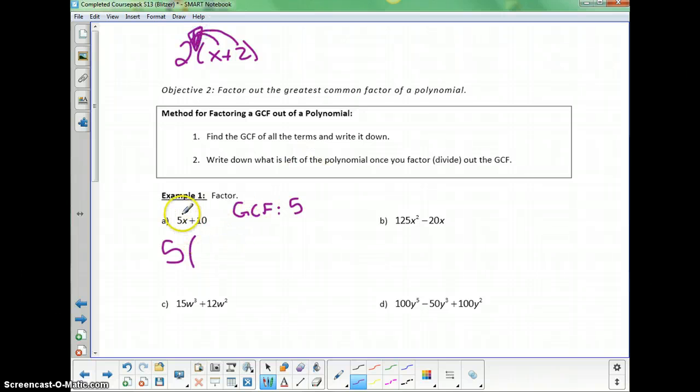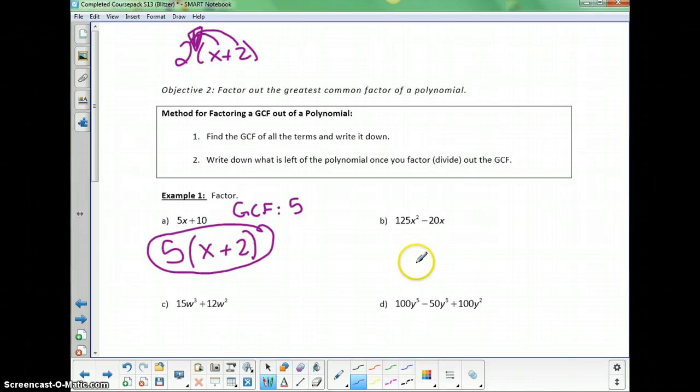So 5x divided by 5 would just be x, 1x, and 10 divided by 5 would be 2. Now we can check ourselves because if we multiply back in using the distributive property, we're going to get right back to the original, 5x plus 10. So this is my factored answer. I've factored out that GCF.